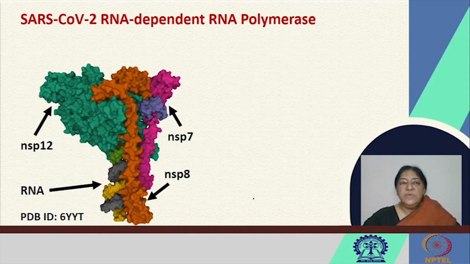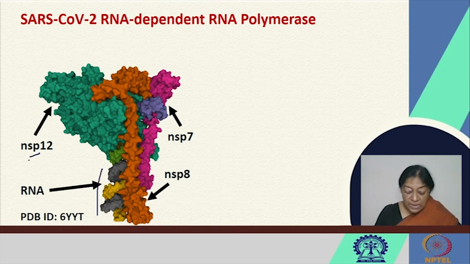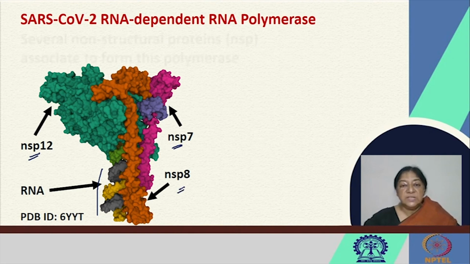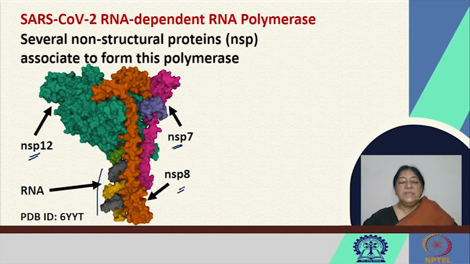The SARS-CoV-2 RNA-dependent RNA polymerase has what are called non-structural proteins. So we have the RNA associated with this. We have what are called the NSP, the non-structural proteins, 7, 8, and 12 in this case, where they associate to form this polymerase.